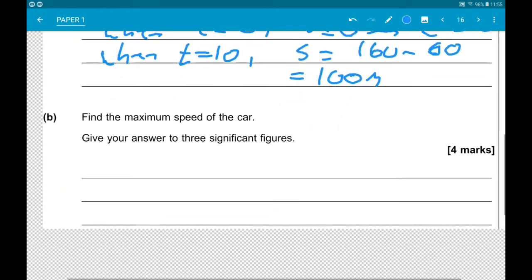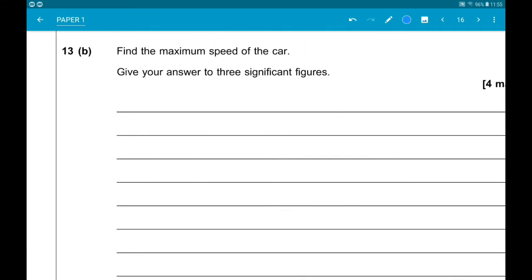And for part B, we want to find the maximum speed of the car, giving our answer to 3 sig figs. So, maximum speed happens when you've accelerated until you can't accelerate anymore. So, at our maximum speed, acceleration is equal to 0. Now, acceleration is the rate of change of velocity. So, to get acceleration, we need to differentiate velocity.